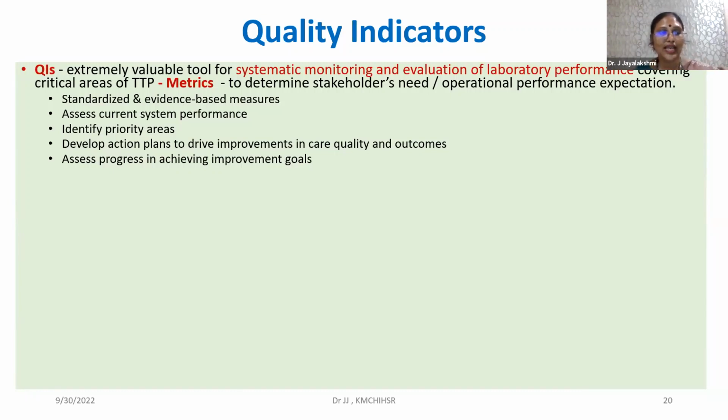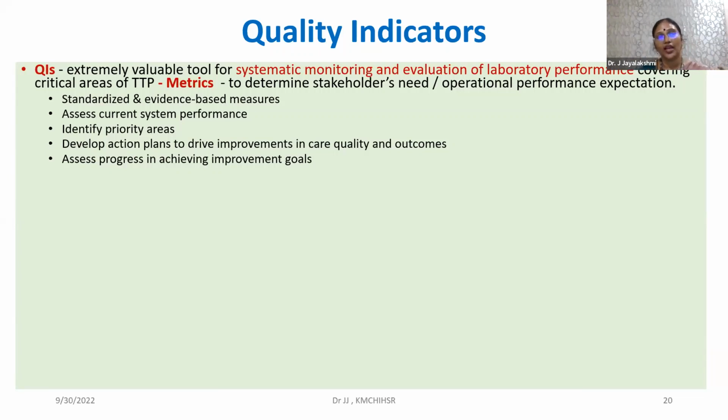Then what you need to do is assess the current system performance. So it's almost like analyzing what exists now. Then you identify priority areas or those critical areas in the TTPs. Okay, so you see which are these areas that I need to identify, to focus more on. Then you have an action plan to drive improvement in care quality and outcomes, because your quality indicators will also include the structure, the process, and the outcomes as well.